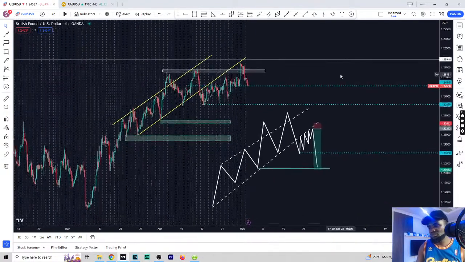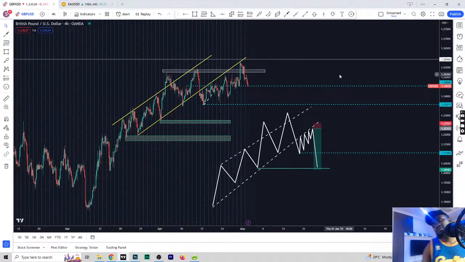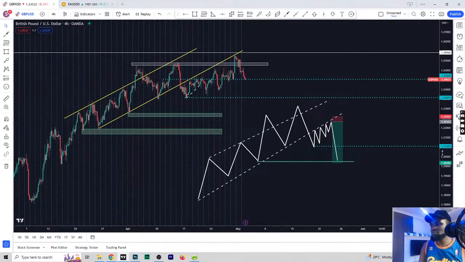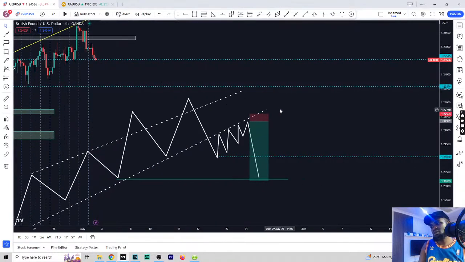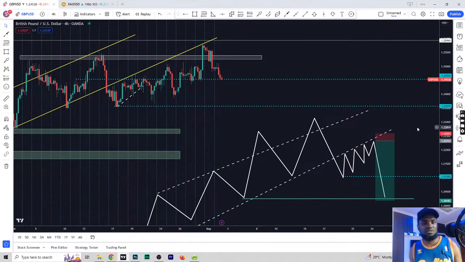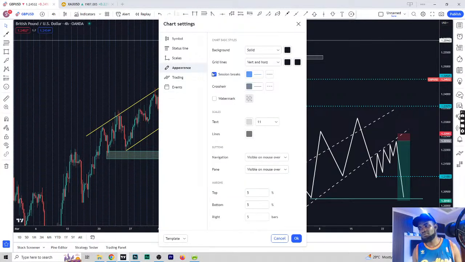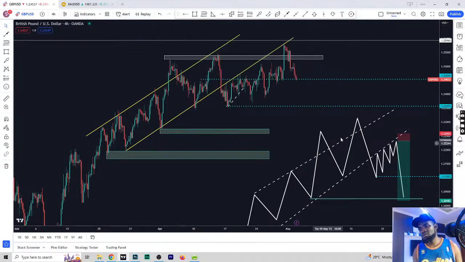So this was my analysis on GBPUSD, and I was sending this to our Telegram channel, and this is what we were looking for. I think people already ate profit as usual, because we're here to eat profit. So just remove this session break so you can see the chart.